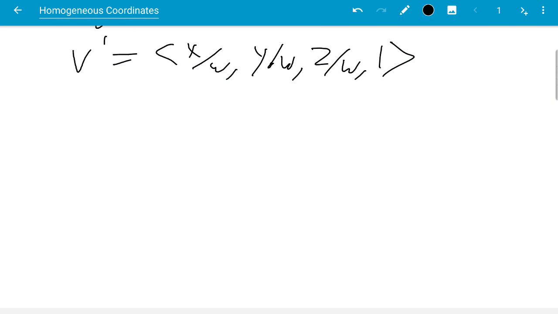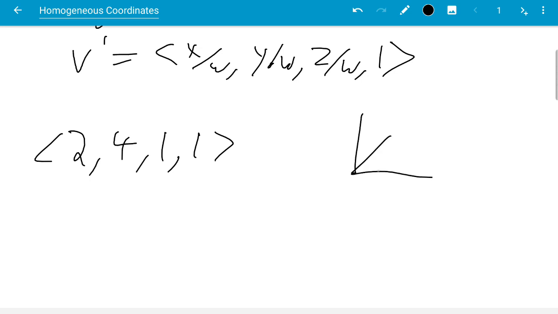Alright, so what's cool about this is that if you take any old vector, let's say we have 2, 4, 1, and then we give it a w value, let's say a w value of 1. This we can plot in 3D space. We can say, okay, well, it's 2 along this axis, 4 along the y axis, let's do math coordinates, and then 1 along the z-axis.